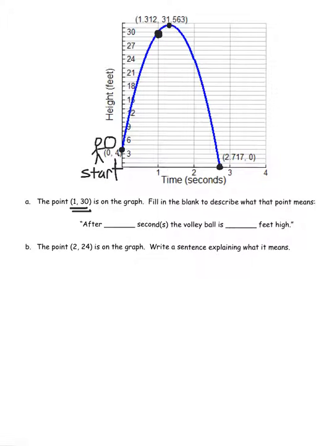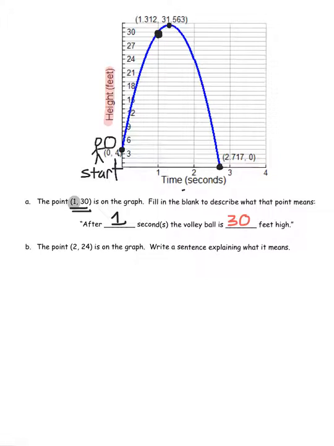Now the seconds are on the x-axis, so I'm going to use the x-coordinate of my point, which is 1. So after 1 second, the volleyball is blank feet high. The feet is my y-axis, so I'm going to use my y-coordinate of 30. So after 1 second, the volleyball is 30 feet high.